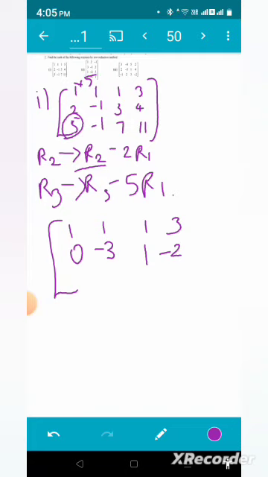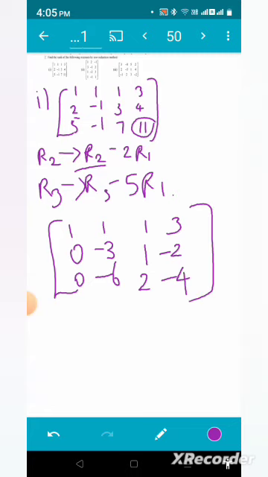So 5 minus 5 is 0. Then minus 1 into minus 5, that is minus 6 here. We get minus 6 here. Then 7 minus 5, that is 2. Then 11 minus 15, that is minus 4.